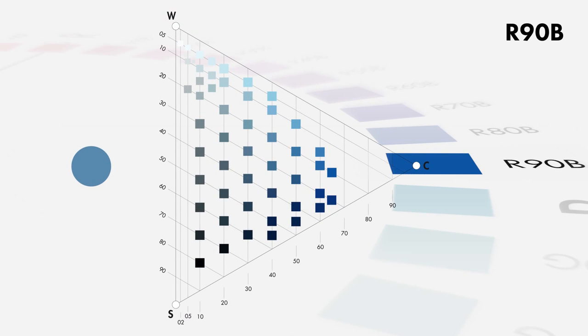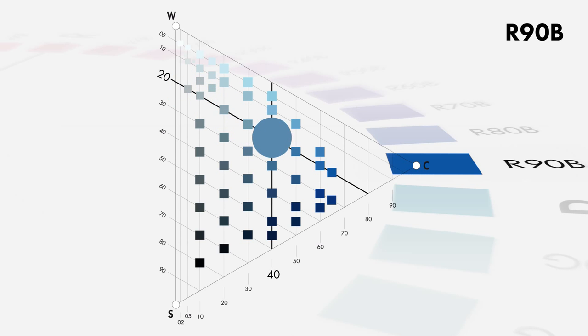Now that we know the hue of our colour, we need to describe its nuance. All the colours in this triangle have the same hue, R90B, but differences in blackness, whiteness and chromaticness. Our sky blue is not so black, only 20%, but it's quite strong or chromatic, 40%.